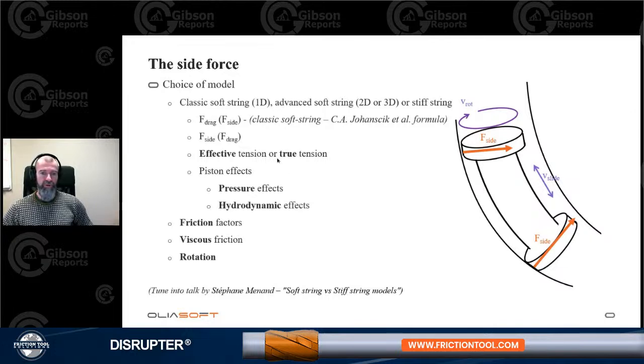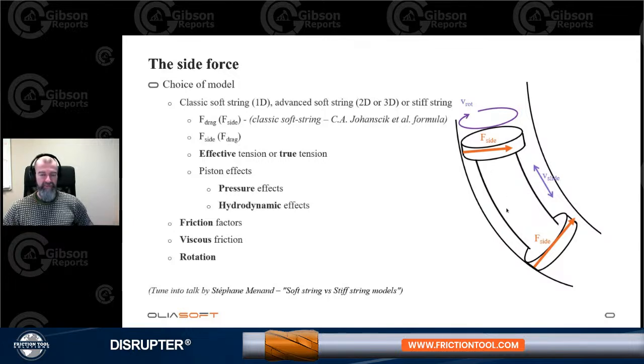So if you go with a different type of model called the true tension, you would basically let all forces act upon this drill pipe, and you would calculate one at a time and take them into consideration for calculating the tension.